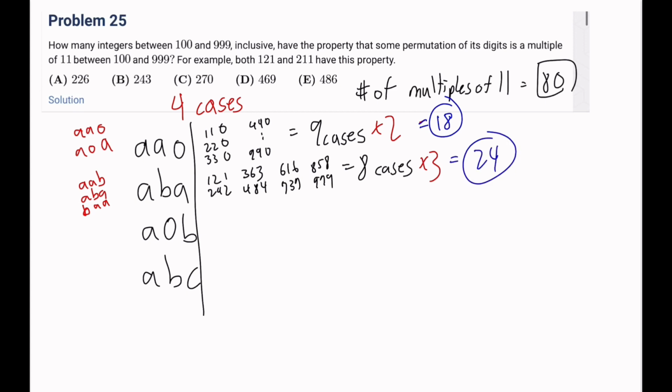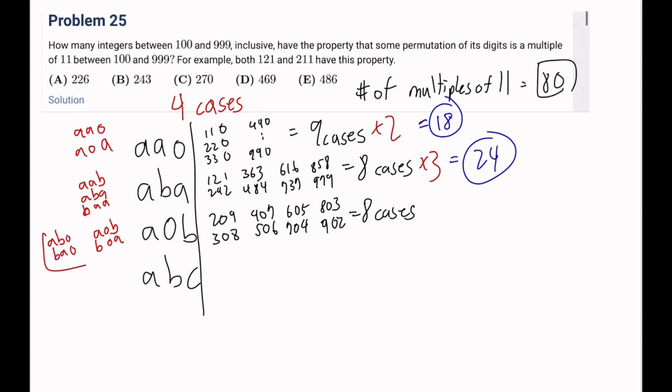And for A0B, we can have 209, 407, 605, or 803, because these two just have to add up to 11, and they can just be the opposite way around: 308, 506, 704, and 902, right? And so that's also 8 cases. But then this time it can be A0B, B0A, or AB0, BA0, so there are 4 arrangements.